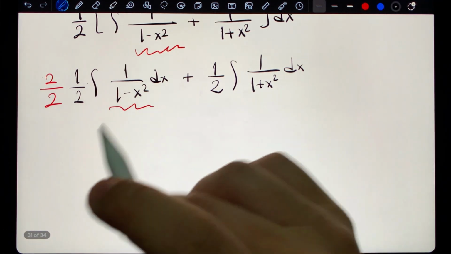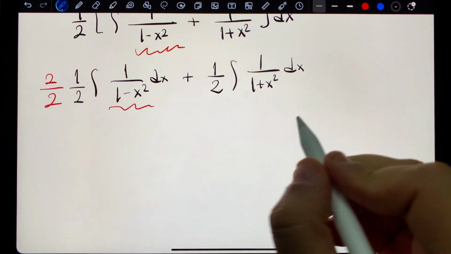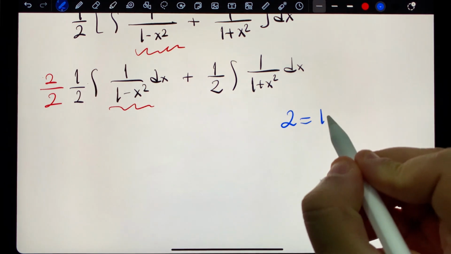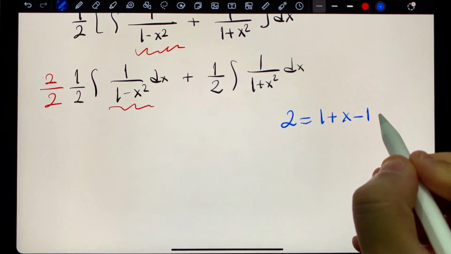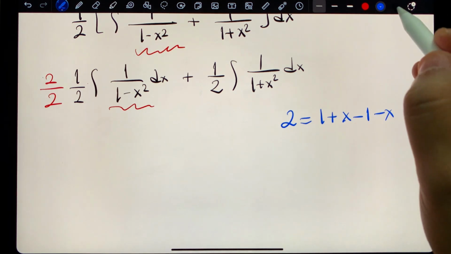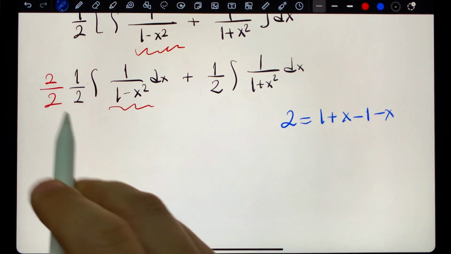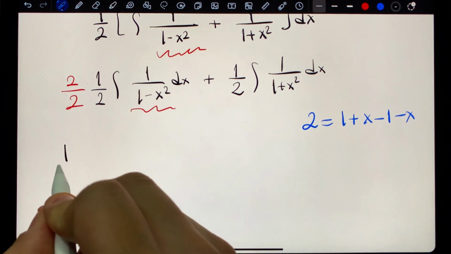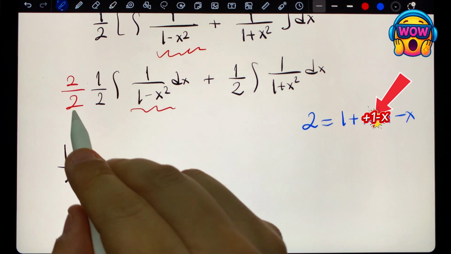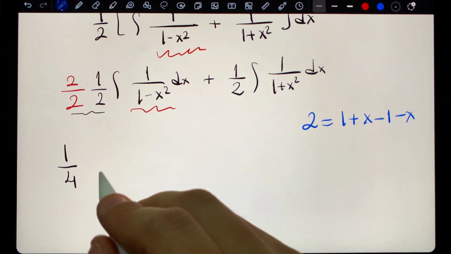If I apply this operation, because what do we know? Again, I know that 2 is equal to 1 plus x plus 1 minus x. I will use this. Now, when we multiply these two halves, it becomes 1 over 4.